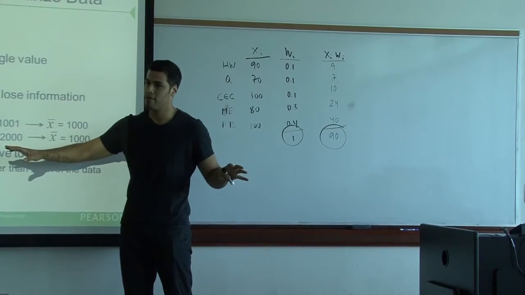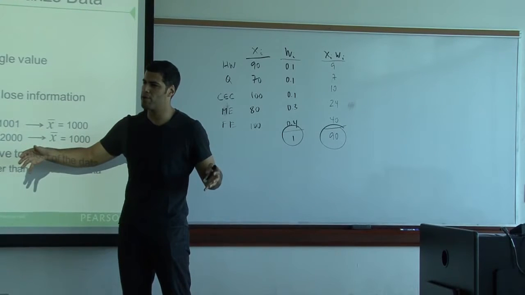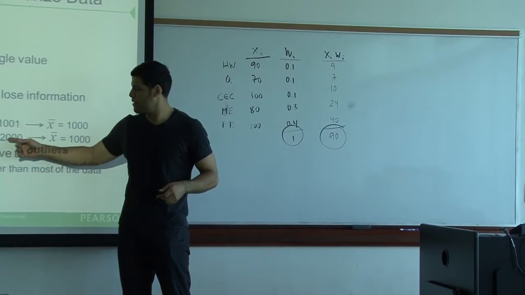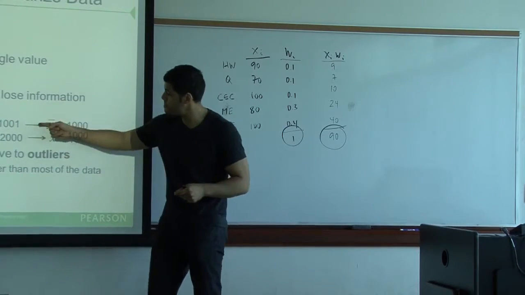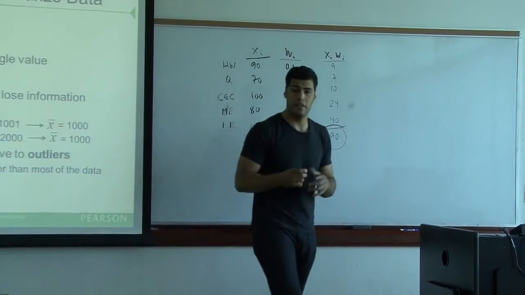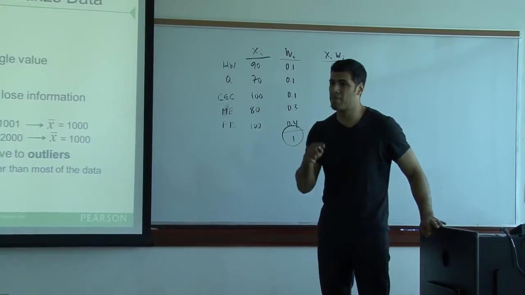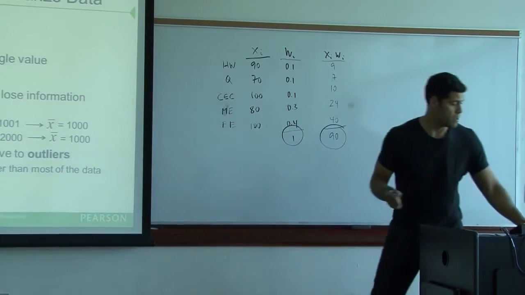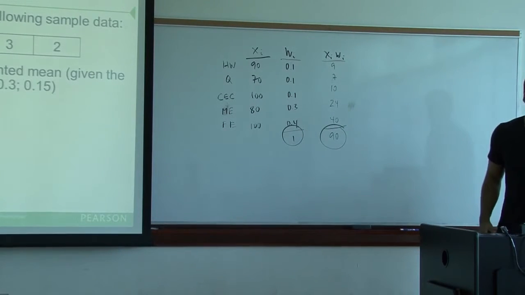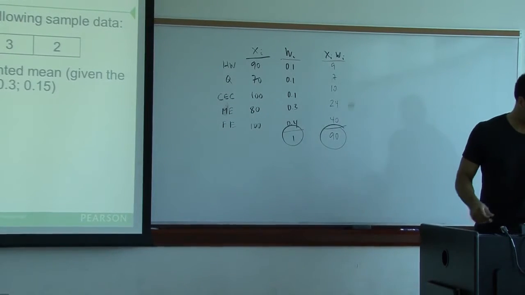There are other things that we're going to look at later today that measure how spread out the data is. So sample 1 and sample 2 have the same mean, but they have different measures of variation.